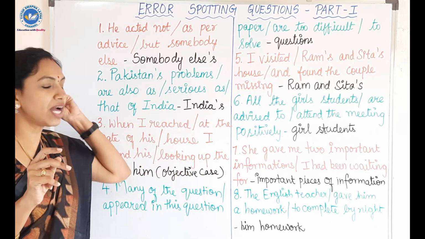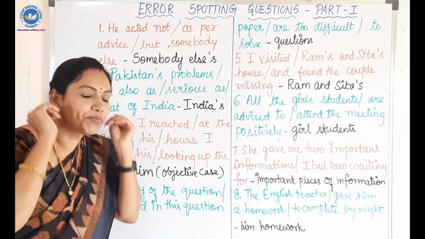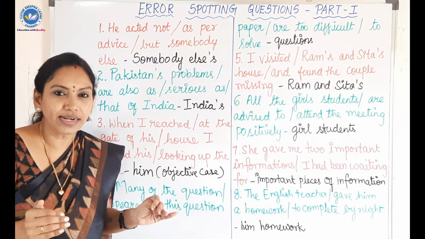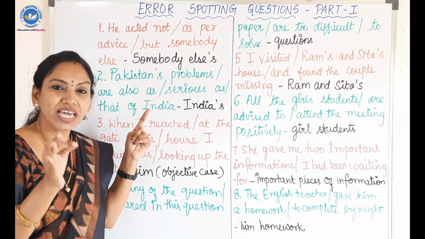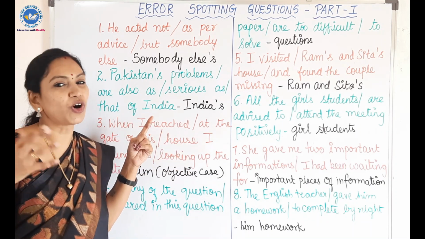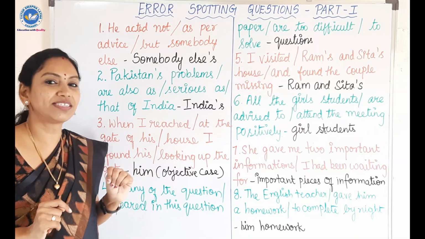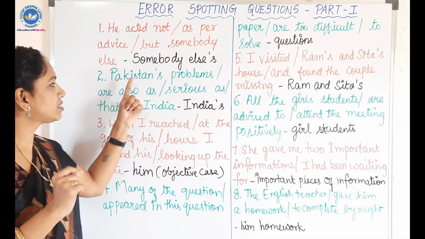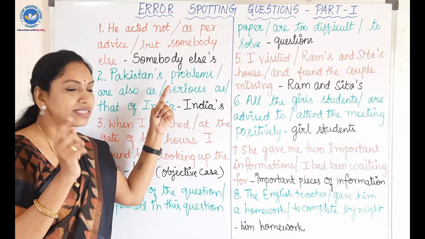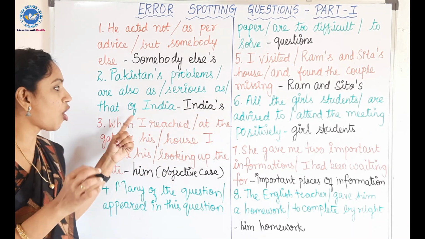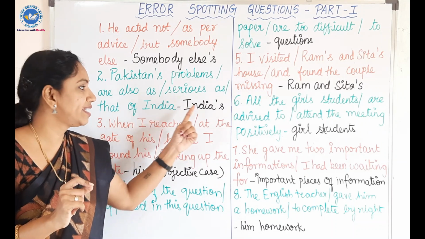When I am talking in particular about Pakistan and India, in the question they have given apostrophe S for only one noun and didn't give it for the other. So that is the mistake in that question. So Pakistan's problems are also as serious as that of India's.